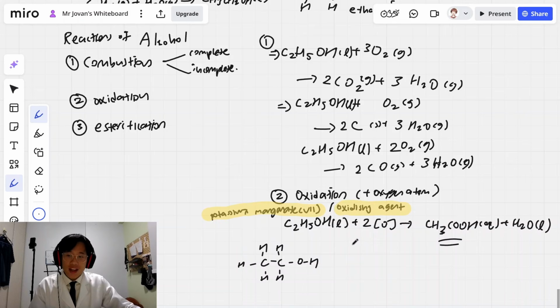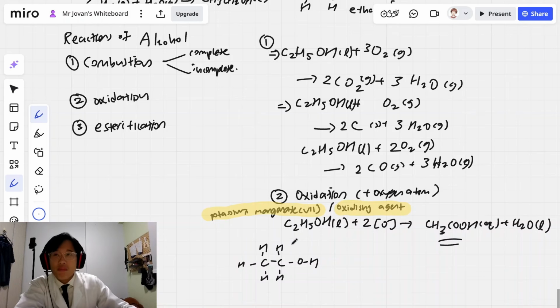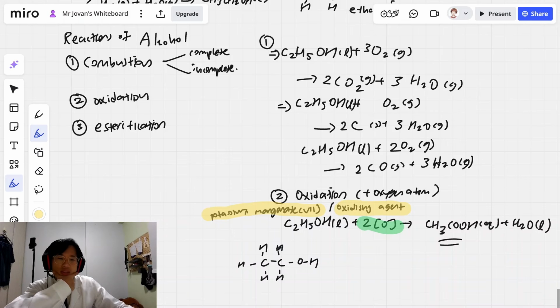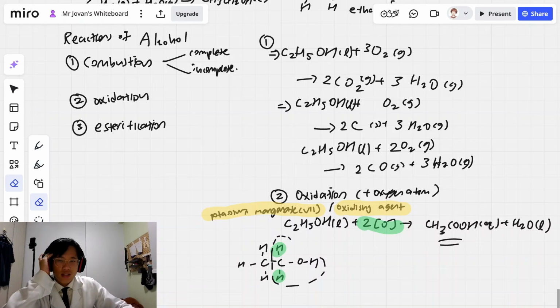What I'm actually doing with the O is plucking out two hydrogens, so that I have space to add an O into the alcohol and make it a carboxylic acid. Make this portion look like a carboxylic acid. So what does it look like?